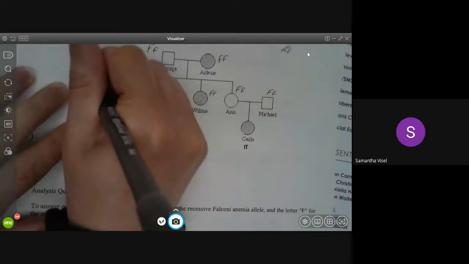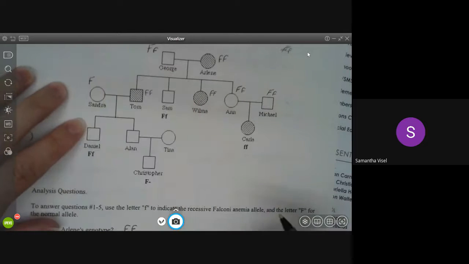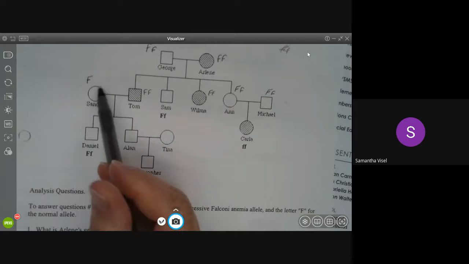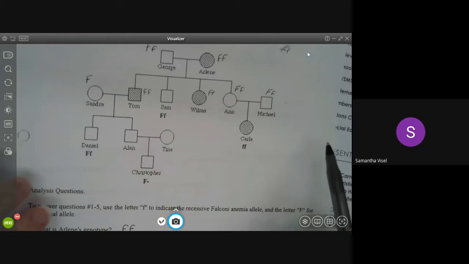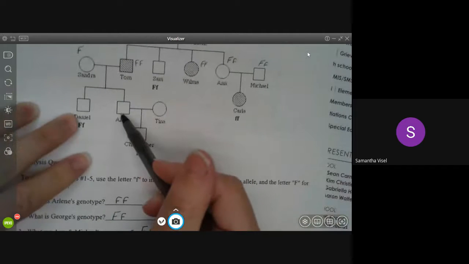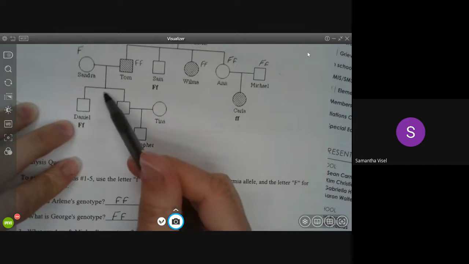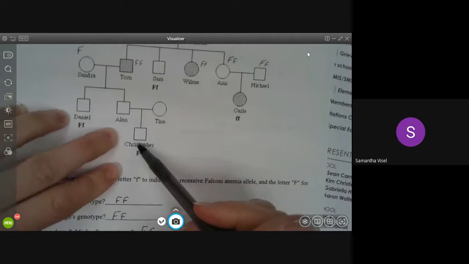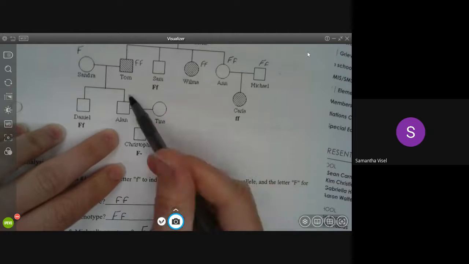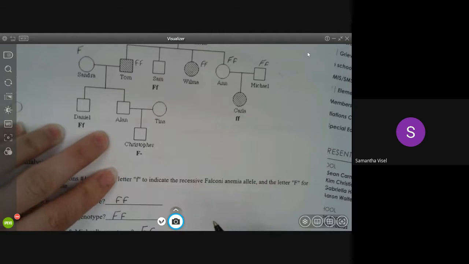So we know that she is at least an uppercase F. Now it's time to figure out what her possible genotype could be. I'm going to look at her children. She had 2 children, and neither of them has the anemia. If I continue to trace further generations down, her grandchild does not have anemia either.